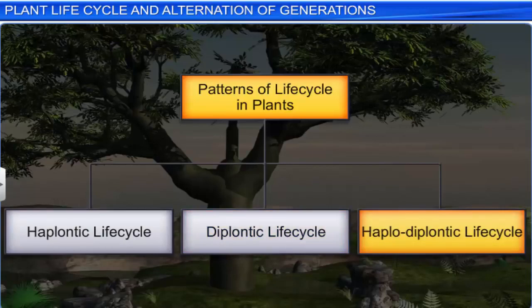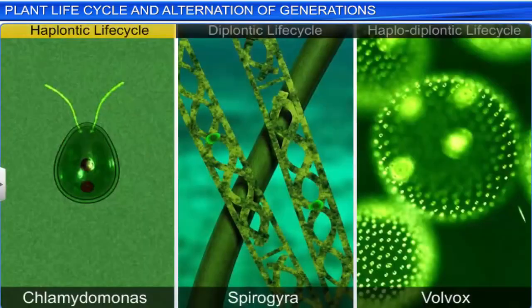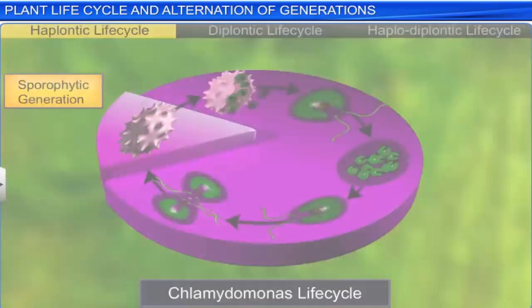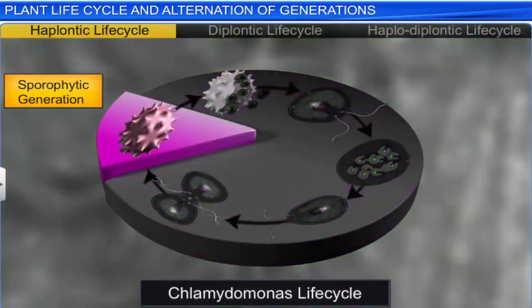haplodiplontic life cycle. In the haplontic life cycle, observed in algae such as Chlamydomonas, Spirogyra, and Volvox, the sporophytic generation is represented by a single-celled diploid zygote, and there are no free-living sporophytes.